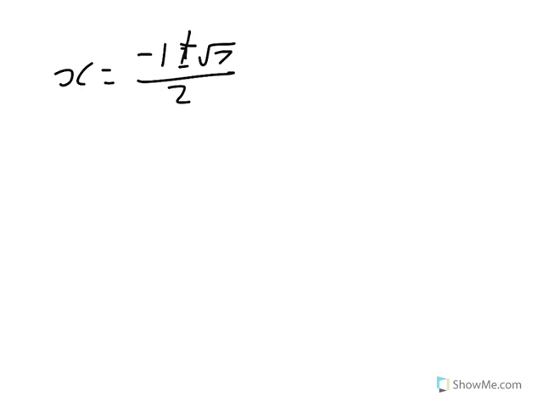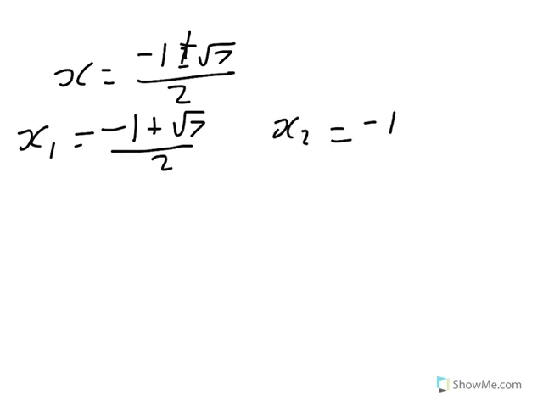So that means now we have two solutions. One of the solutions, x1, is negative 1 plus root 7 over 2, and the other solution, x2, is negative 1 minus root 7 over 2. We then need to substitute those into the first equation, which was y equals x plus 1.